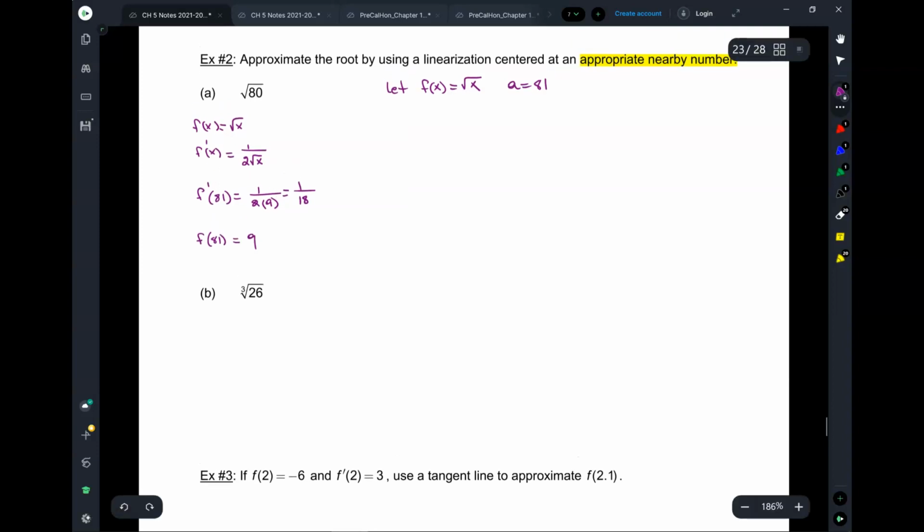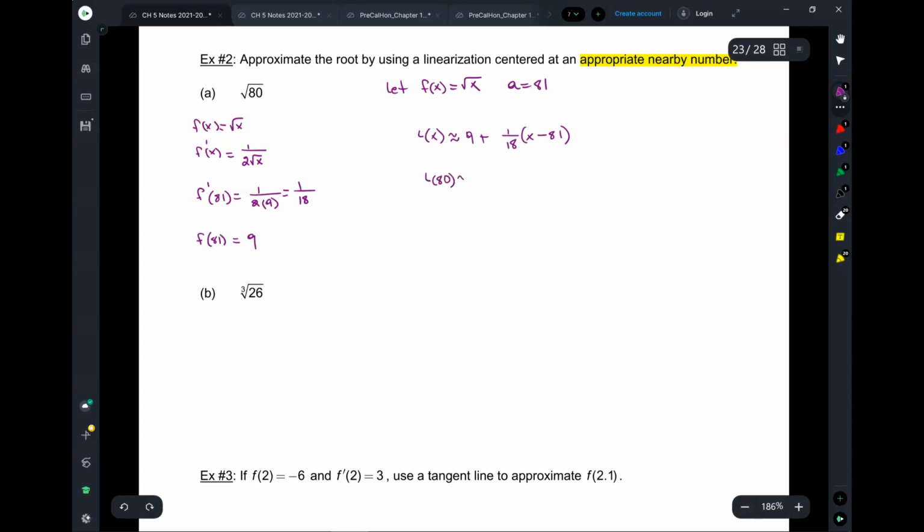So, okay, what's L of x then? L of x is approximately the y value, which is 9, plus the slope times x minus x1. I'm sorry, we want L of 80 now.